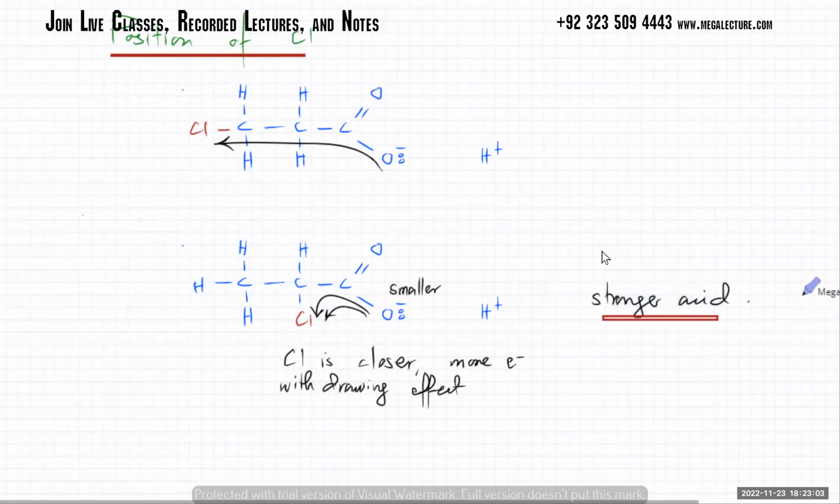So Cl is closer, more electron withdrawing effect. Your ion becomes more stable. The RCOO-1 ion becomes more stable. It has a lower charge density.